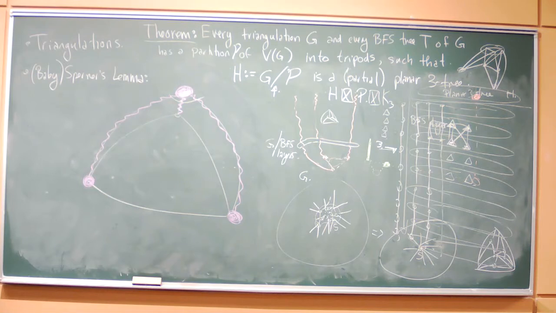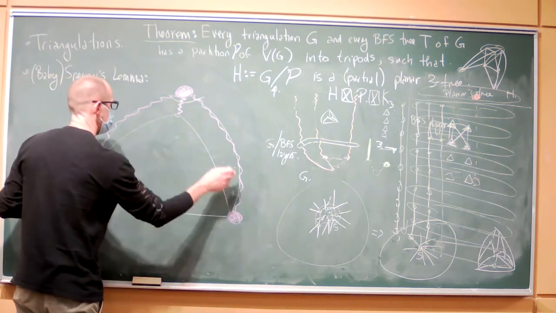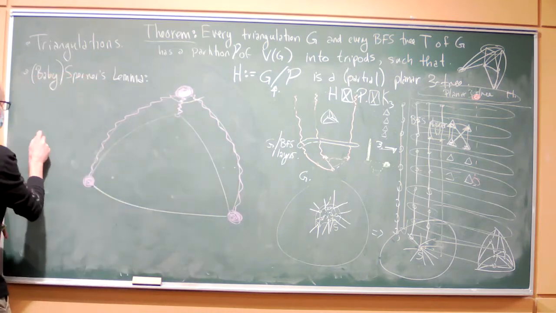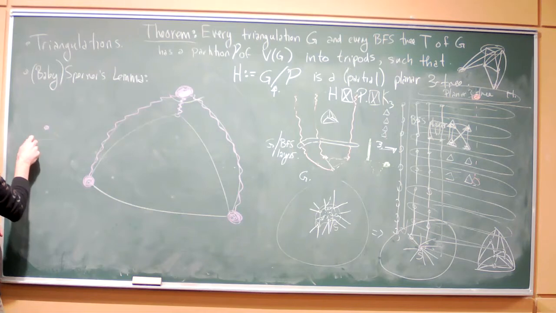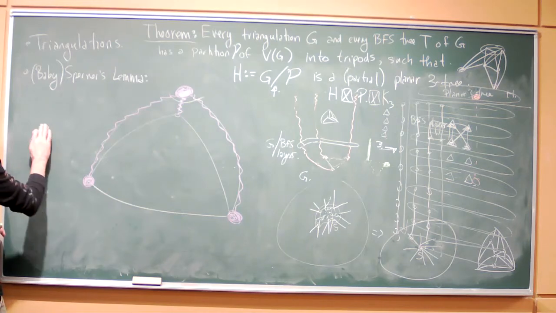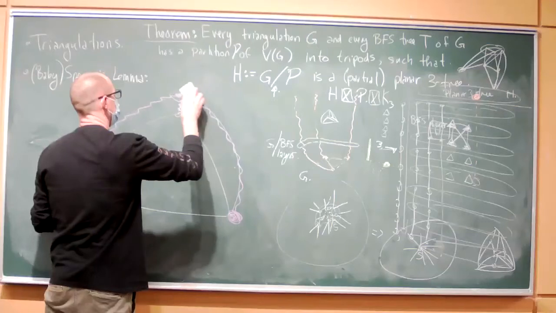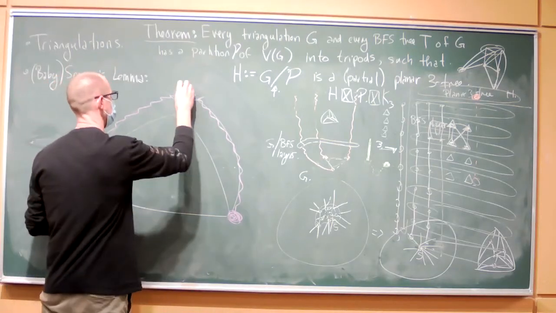Okay. So just this, and this, that's a triangular face. So it looks like that. And we take that, and that. Oh, no, I'm sorry. Go back to what I said first.